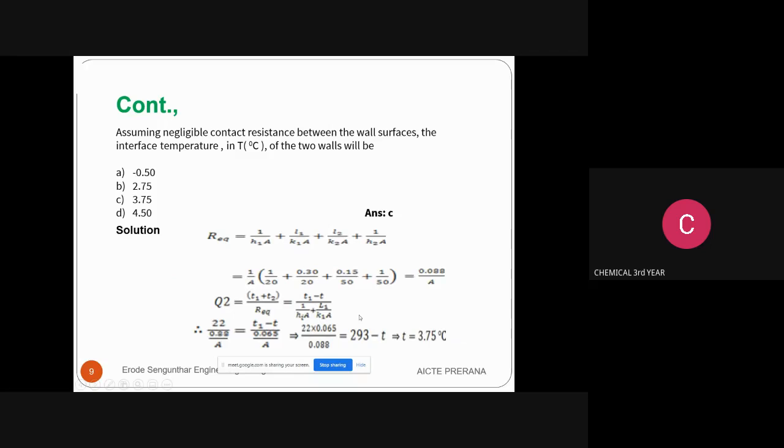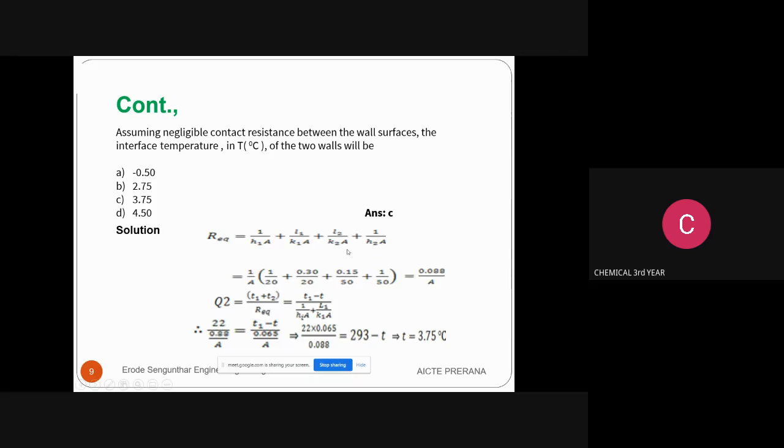So we use L1 divided by K1A plus L2 divided by K2A. In all the terms the cross-sectional area A of heat transfer is the same, so we take 1 by A outside as a common factor. The remaining terms are 1 divided by h1 plus L1 divided by K1 plus L2 divided by K2 plus 1 divided by h2.